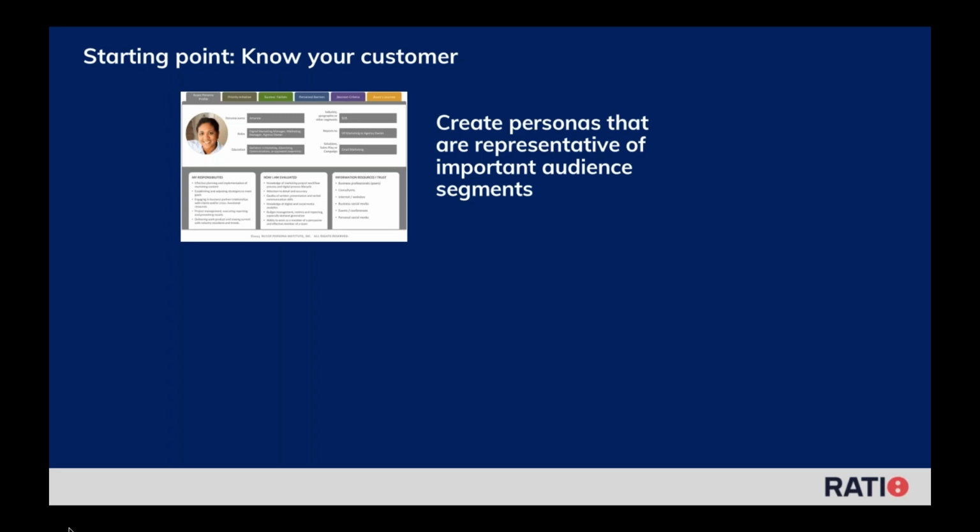The first one is to have a set of personas, which is more common for organizations to have. Personas are semi-fictional representations of real and important audience segments. A persona helps you because the reality is that you don't just have one type of buyer.